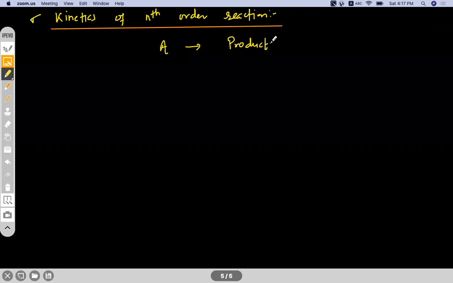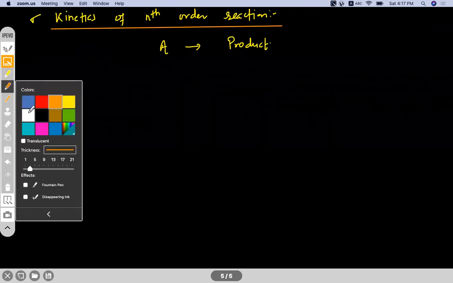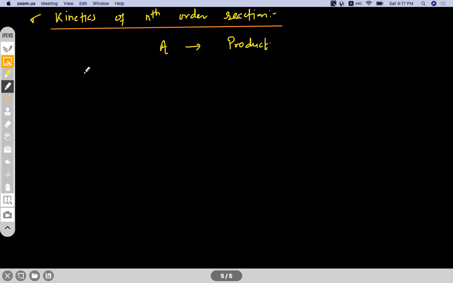We have an nth order reaction. So rate is equal to minus d concentration of A by dt, equal to K times concentration of A to the power n.